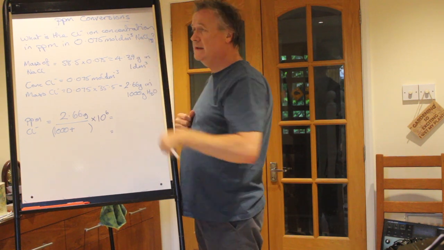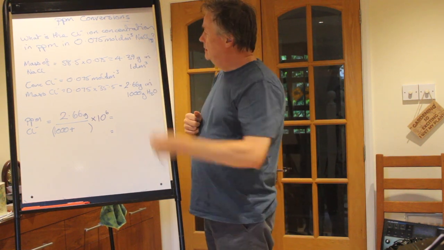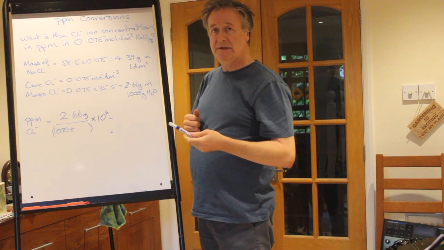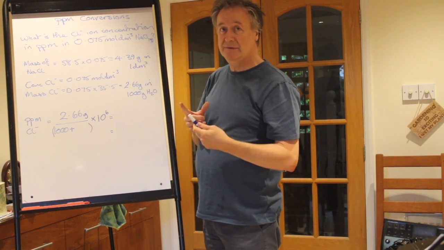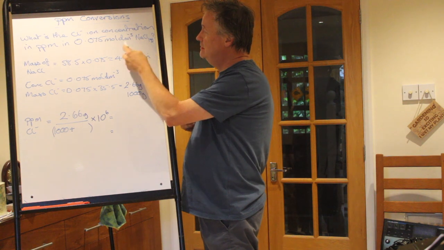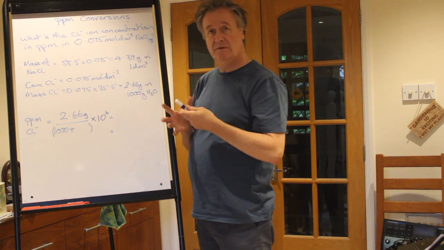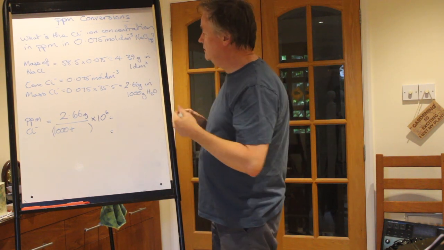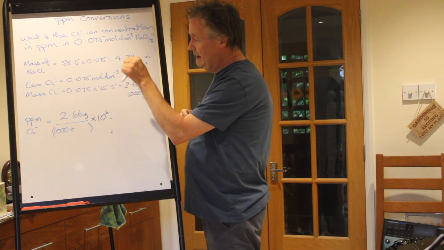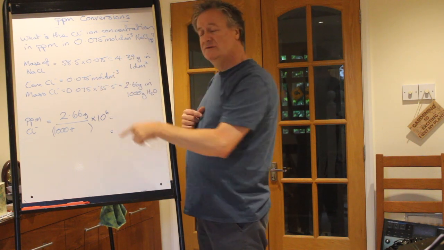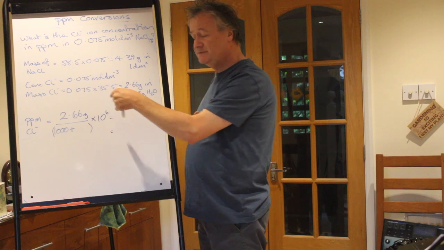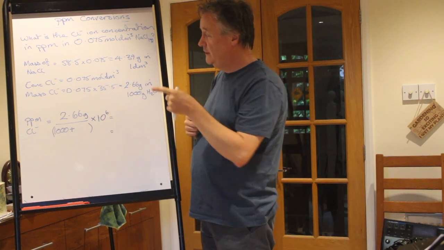That's because the formula doesn't have any numbers in it, and so the number of chloride ions released from NaCl is the same as the number of NaCl, so the concentration is the same. Sodium chloride releases 1 chloride for every sodium it releases. So that makes the mass of chloride 0.075 times 35.5.